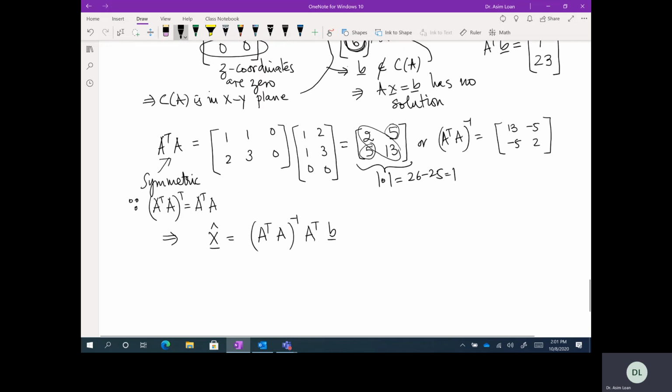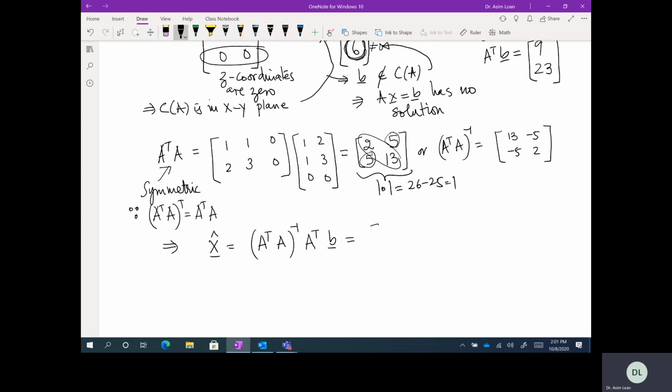Okay. So this one becomes [13 -5; -5 2] multiplied by 9 and 23, which is equal to 13 into 9 is 117 minus 5 into 23 is 115, so this is 2. And this is minus 45 plus 46, which is 1. Okay.